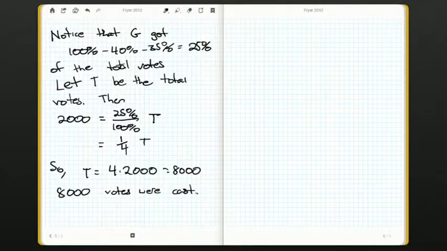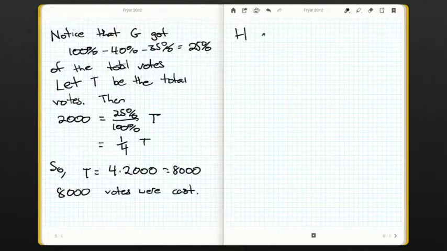Fantastic. We want to figure out the total number of votes H got. Well, he got 40% of the total, which is 8,000.